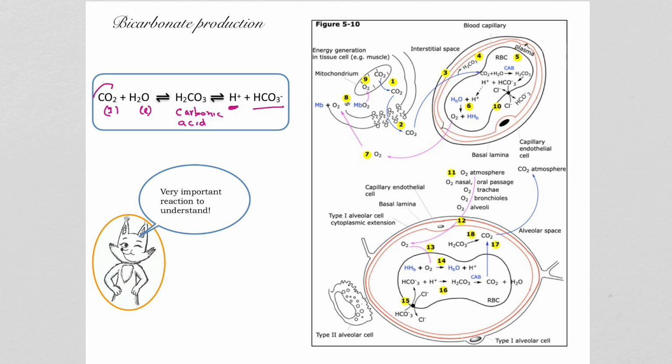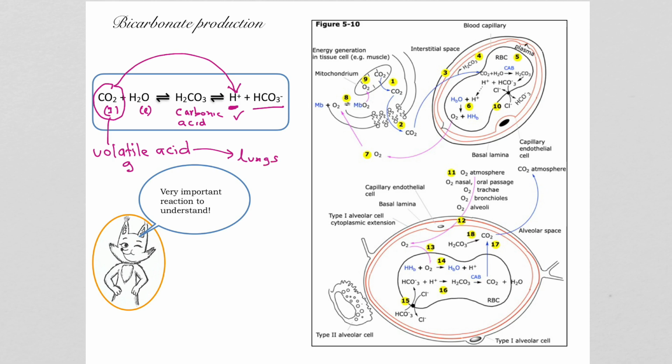So carbon dioxide in water can give you acid. Anything that gives off H plus is an acid. So carbon dioxide is actually a volatile acid. It's an acid indirectly, a volatile acid, because it can produce protons. And volatile means just that it's a gas that we can get rid of through our lungs.